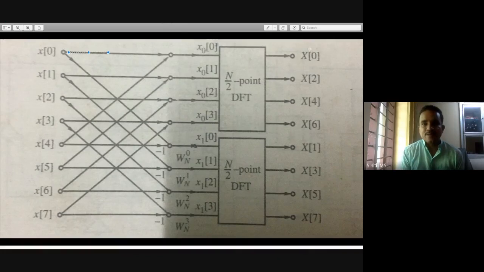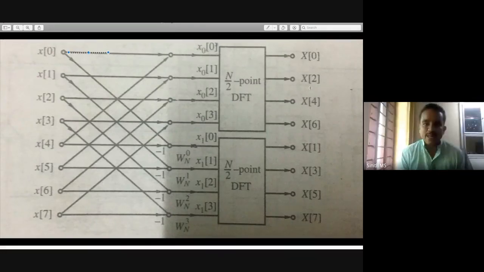And if you take the n by 2 point DFT, you get x0, x2, x4, x6 like this, and x1, x3, x5, x7. These are the odd and even terms in the DFT.